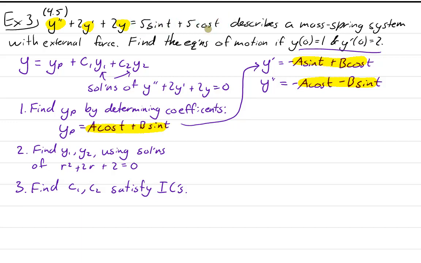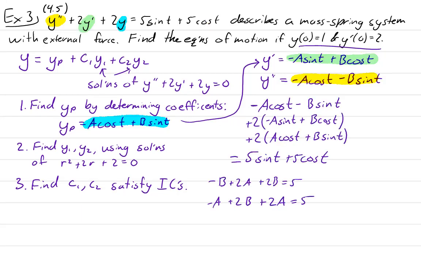So that's going to look like what we've got here, where we have y double prime here, and then 2 times y prime here, and 2 times y here, added up to hopefully get 5 sine t plus 5 cosine t. And to make that work, you need to make sure that all of the coefficients of cosine of t add up to 5.